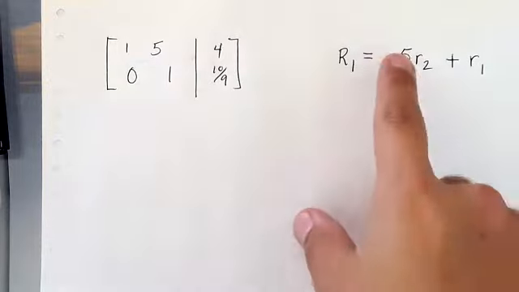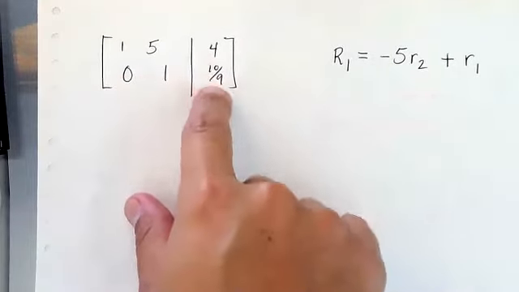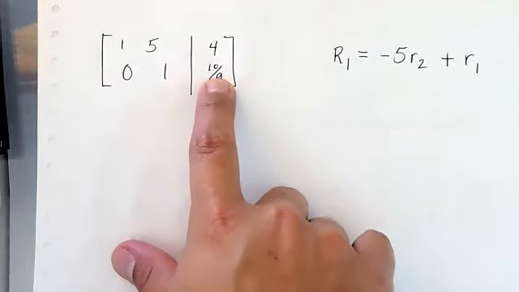And remember, take your time multiplying this number by the second row because you will have to do some fraction multiplication here.